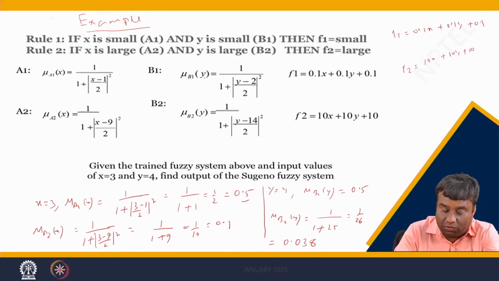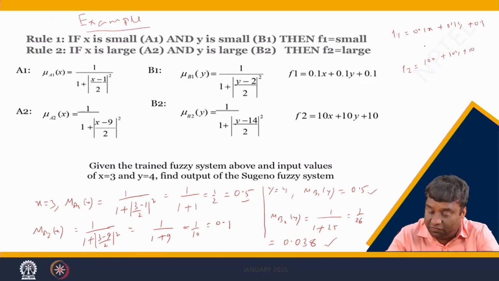If you put y equal to 4 here, 4 minus 2, that is 2 by 2, 1. So 1 by 1 plus 1, that is 1 by 2. Again, you will get 0.5. For B2, 1 by 1 plus (10 minus 4) whole square, so that is 6 squared, 1 by 26, that is 0.038.